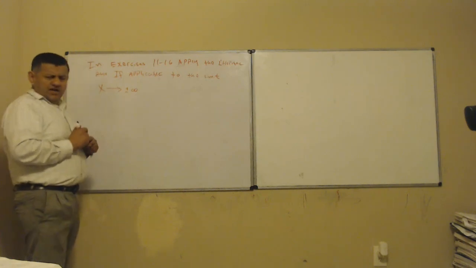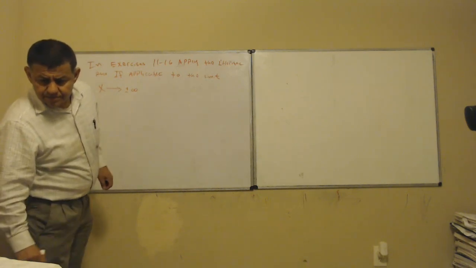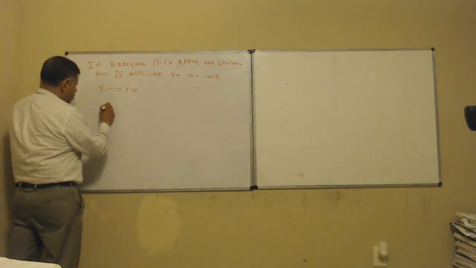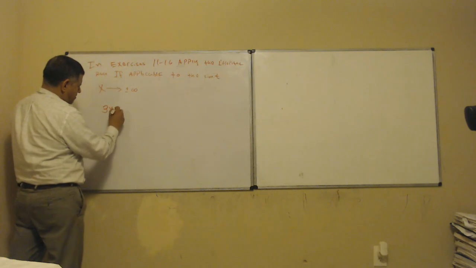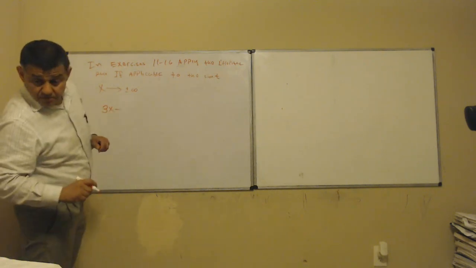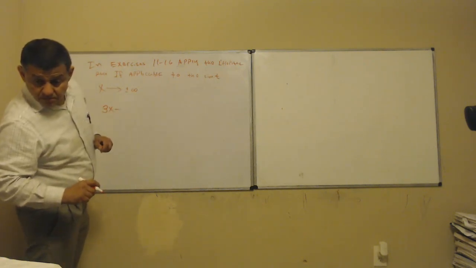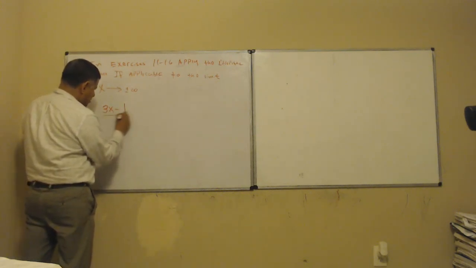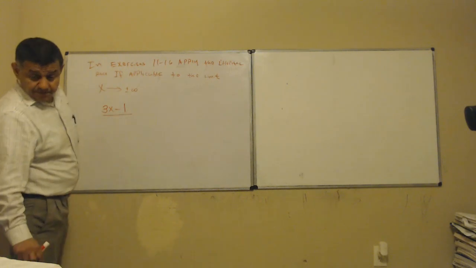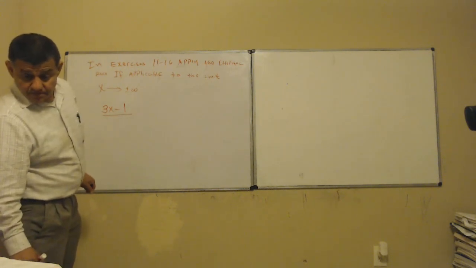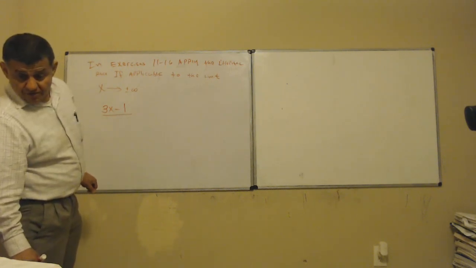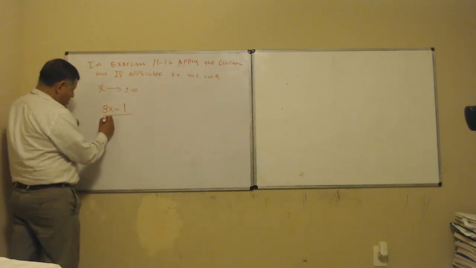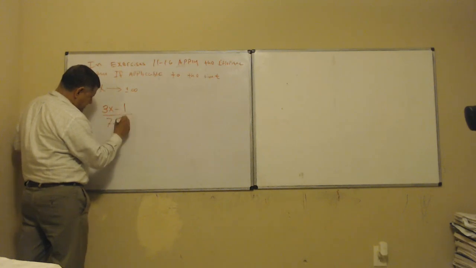Okay, so now let's do a problem. Let's do 3x minus 1 over 7 minus 12x.